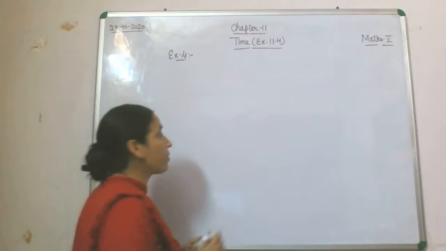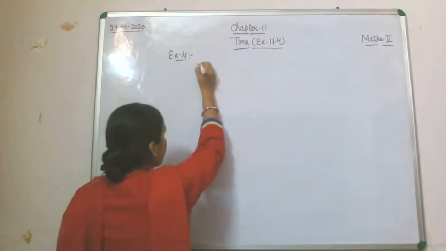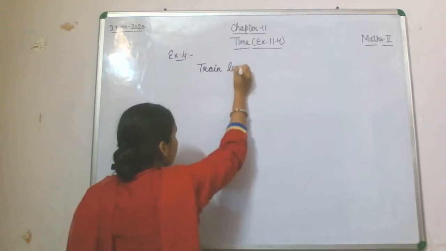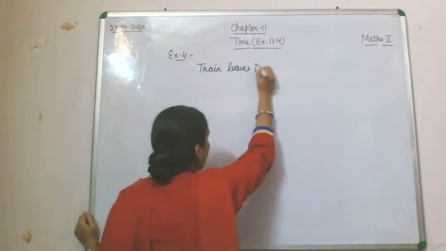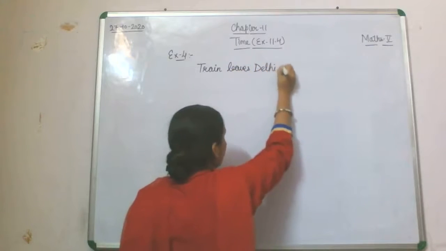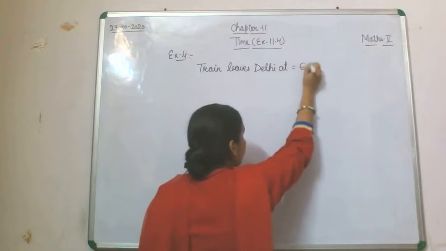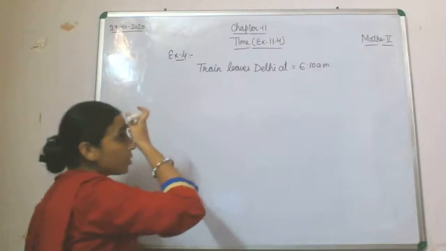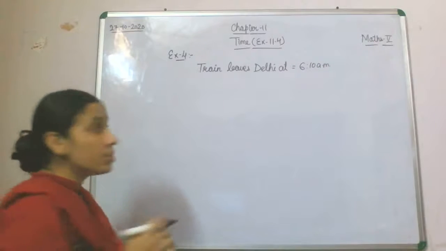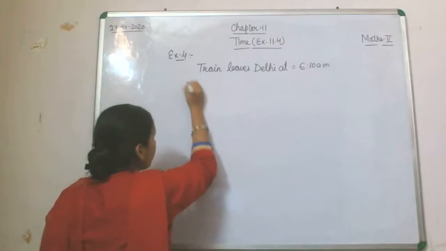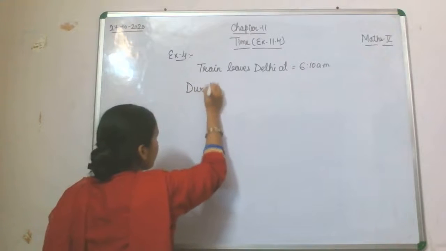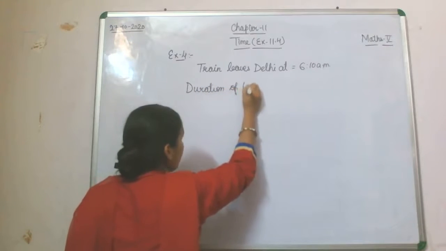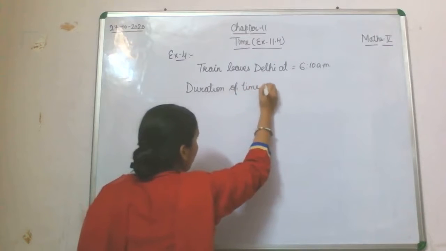Now, train leaves Delhi at 6:10 am. So now here the duration of time on Saturday.